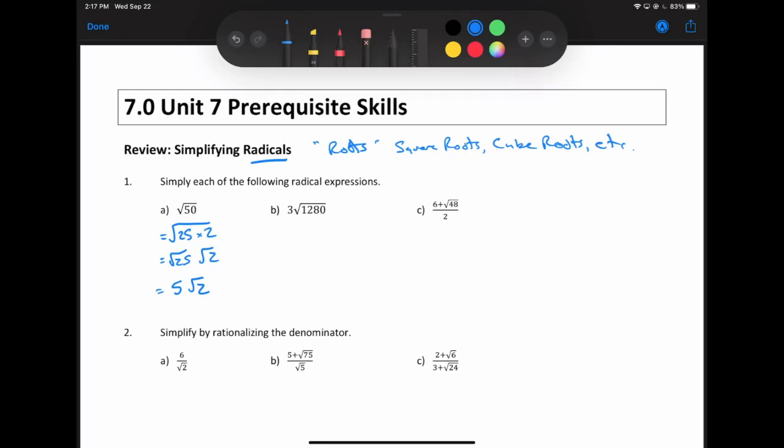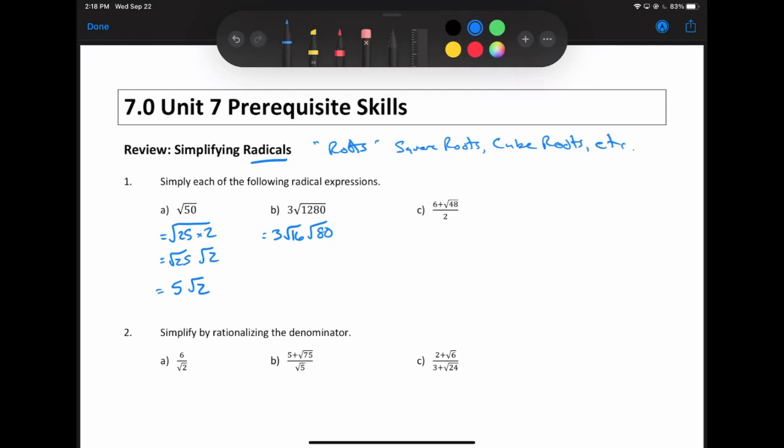And I believe it is. And what I can do is I can keep checking on a whole bunch of different things. So I'm just going to say this is equal to 3 root 16, because 16 is one of the factors in there. I'm not sure if it's the only one. And I'm going to do 1280 divided by 16, and I'm left with root 80. So root 16 times root 80 is root 1280.